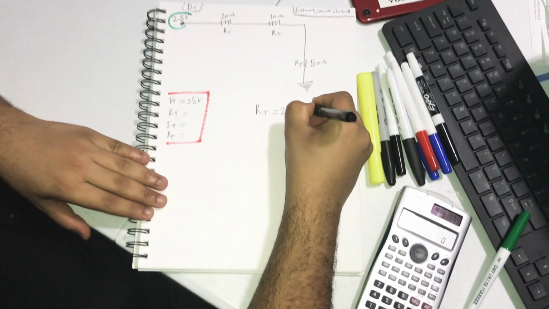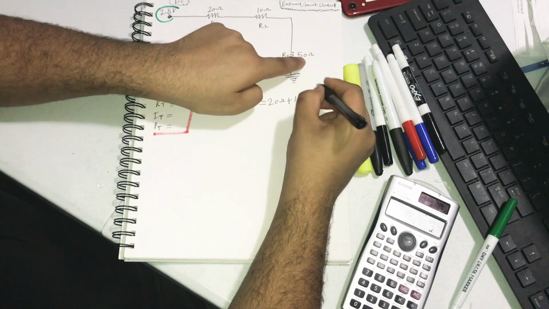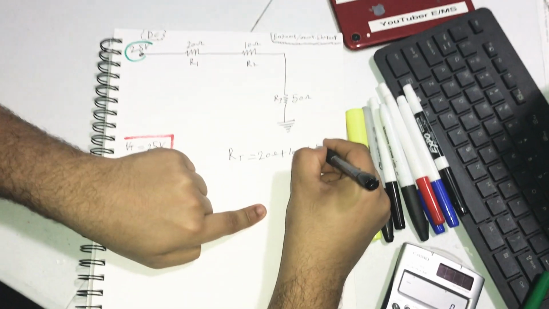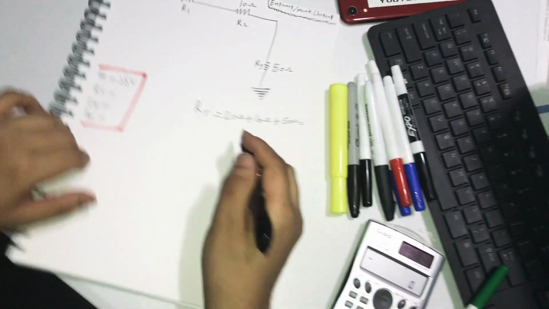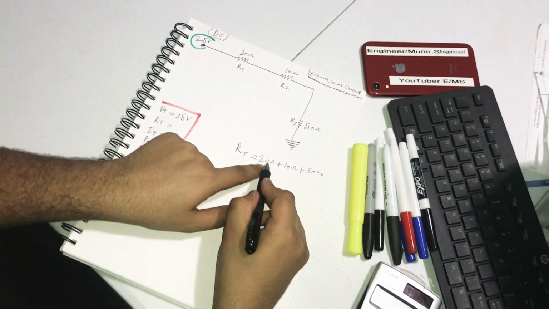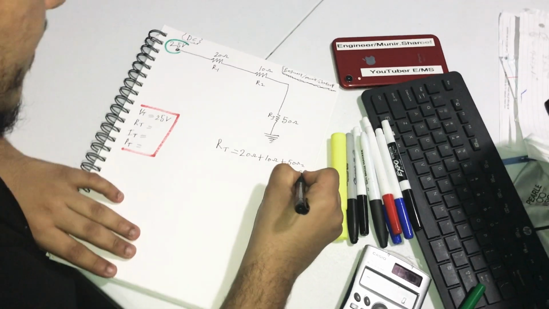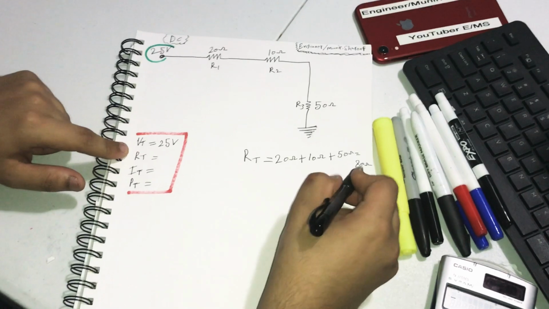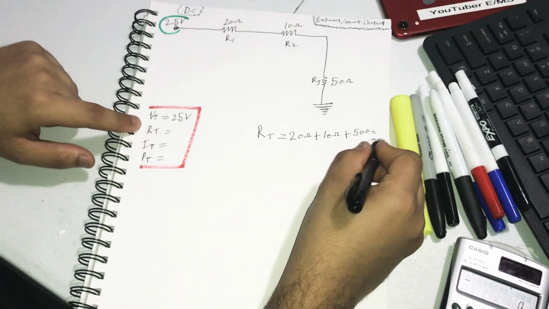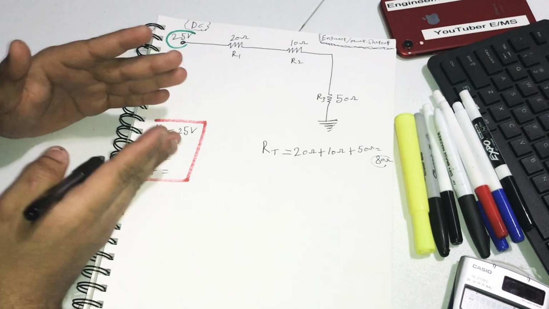Plus 10 ohms plus 50 ohms equals 80 ohms. You're going to put this amount, the total resistance, right here.